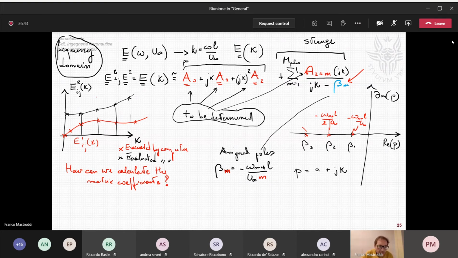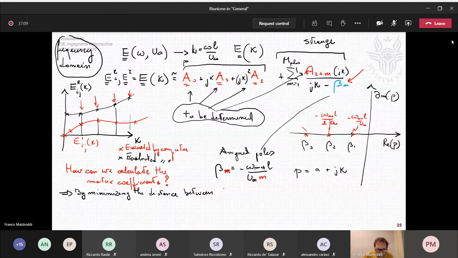We have data here, and so we can minimize the distance between the data and the interpolating structures. So the answer is to apply a minimum criterion.